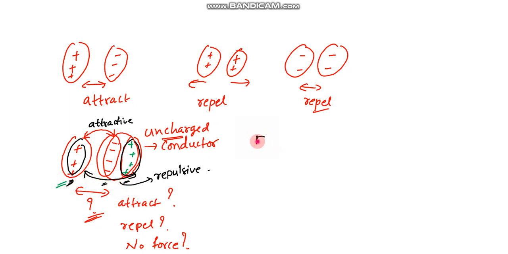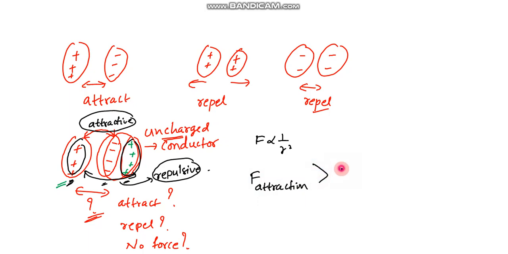Therefore, since the force is inversely proportional to the square of the distance, if we consider the repulsive force and attractive force together, the magnitude of attractive force is more compared to that of repulsive force. The force of attraction is greater than the force of repulsion.